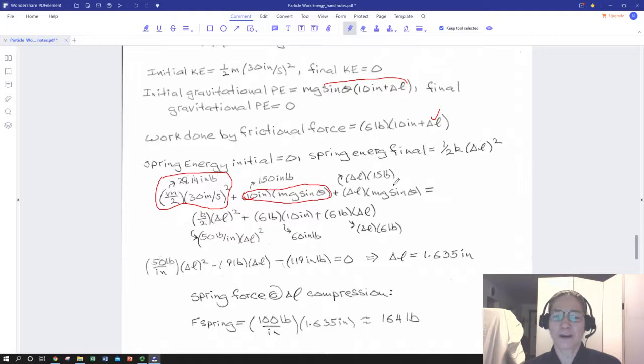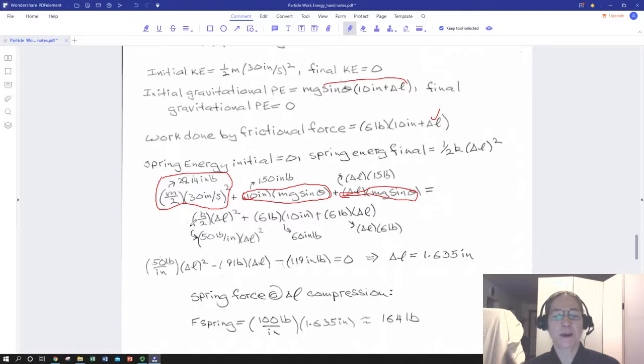And then we have a little bit more height that the gravitational force works through for whatever height we lose as we travel down that delta L. So both of these expressions are portions of our gravitational potential energy. Everything I've just circled, the sum of those, the 29 and change inch-pounds, 150 inch-pounds, and then delta L times 15 pounds, that's our initial total mechanical energy.